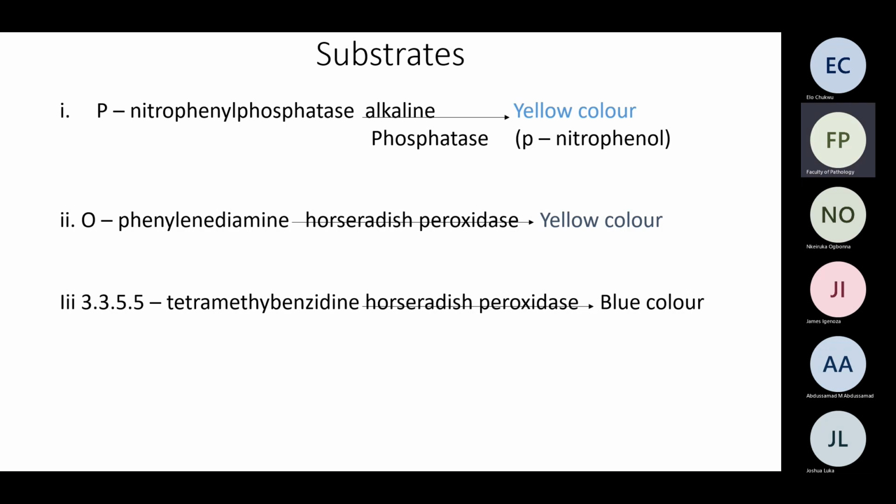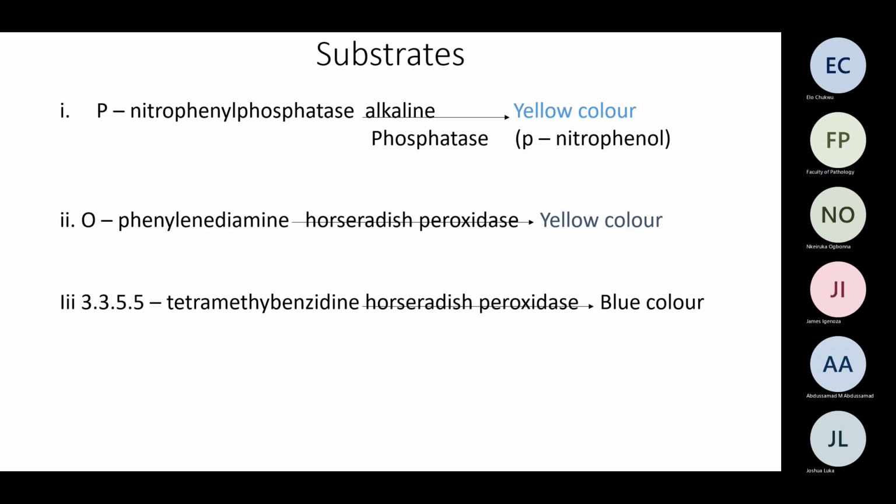For the enzyme horseradish peroxidase, the substrate is O-phenylenediamine. So that's the substrate for the enzyme horseradish peroxidase.